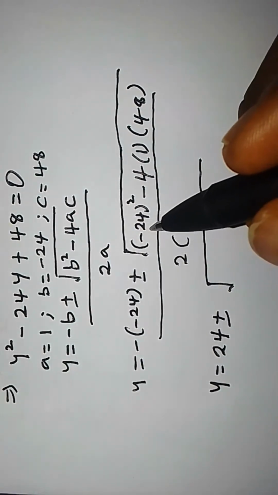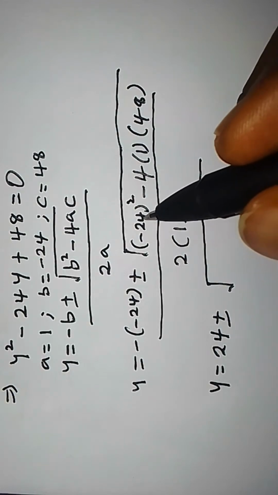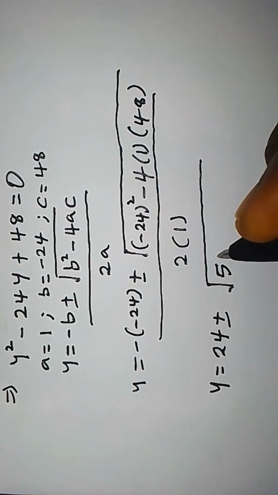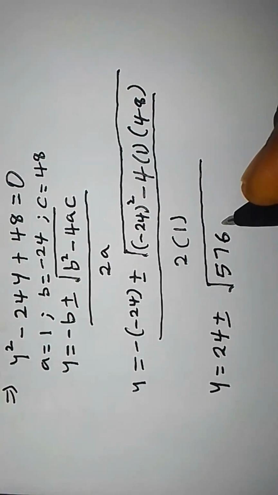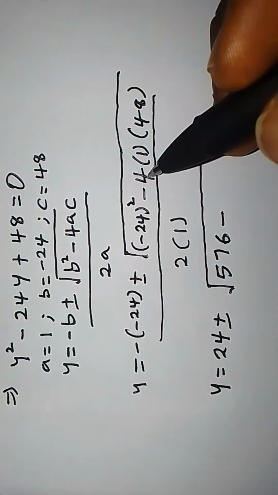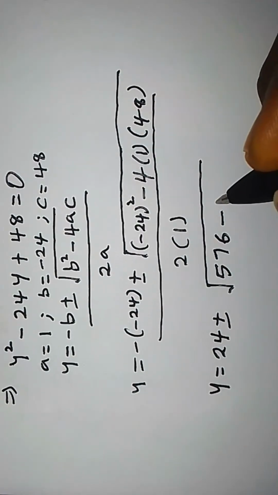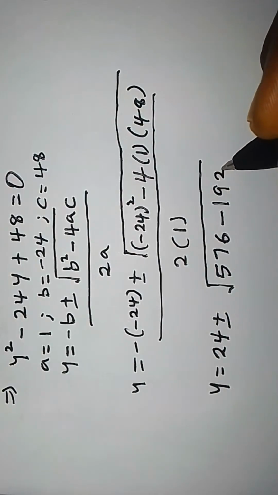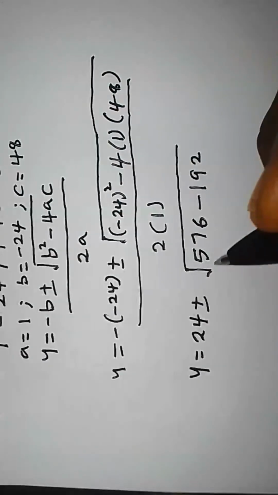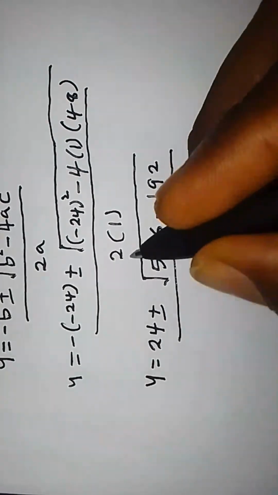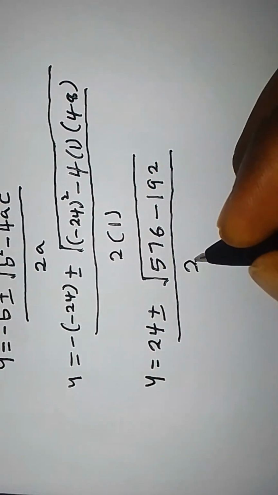We have y equal to minus times minus 24, that is plus 24, plus or minus square root of. If you plug this into your calculator, minus 24 all squared is 576, minus 4 times 1 times 48, that is 192. Let's continue. Everything divided by 2 times 1, that is simply 2.